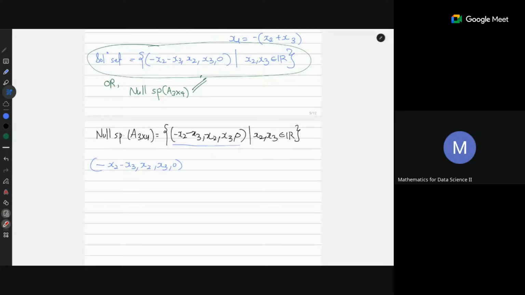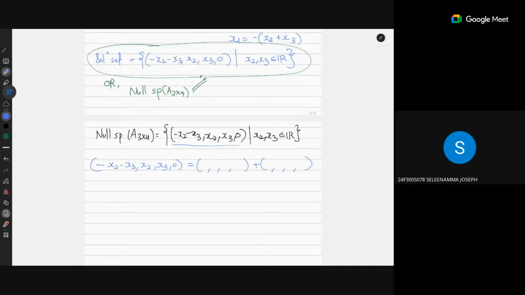So I want to write down this vector in terms of these two variables. What do I mean by that? I will break this vector into two vectors so that one vector only has x2 terms and the other vector only has x3 terms. Can I do that?